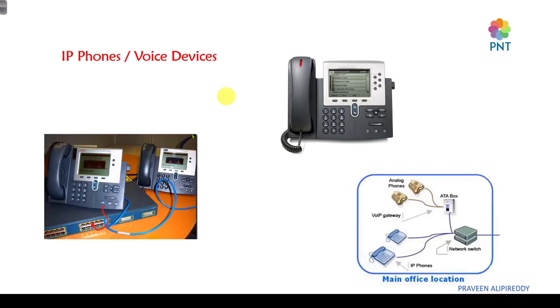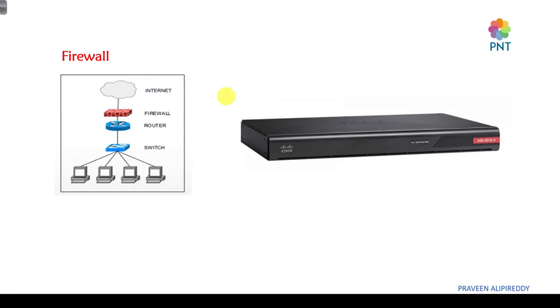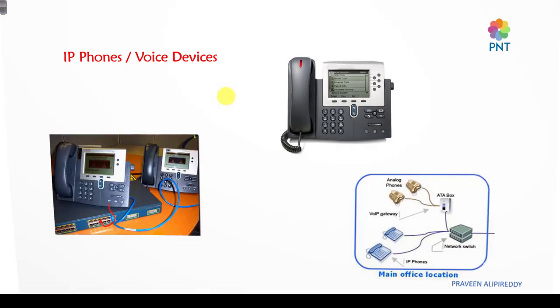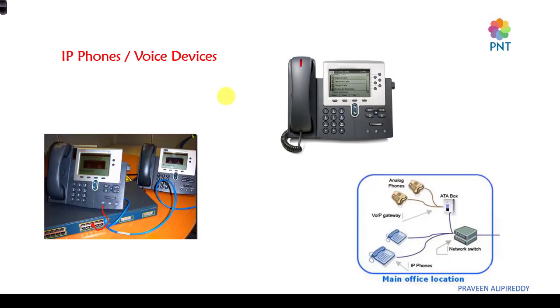And next, coming to voice devices, which we call VoIP devices. Generally, in production scenarios, we will use these devices. Let's say I have one branch office in India and another branch office in the US, and I want to send continuous voice traffic from India to the US.